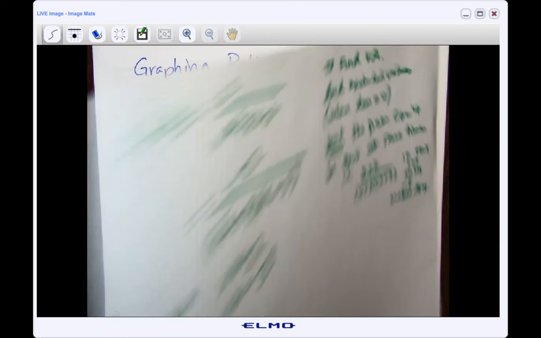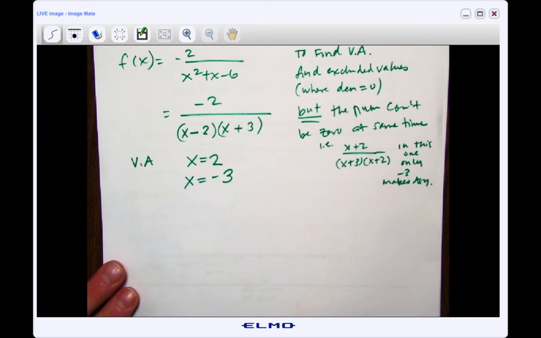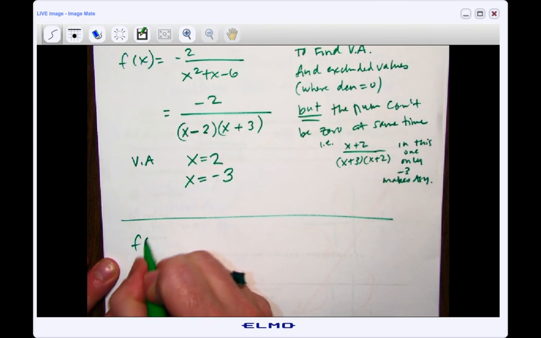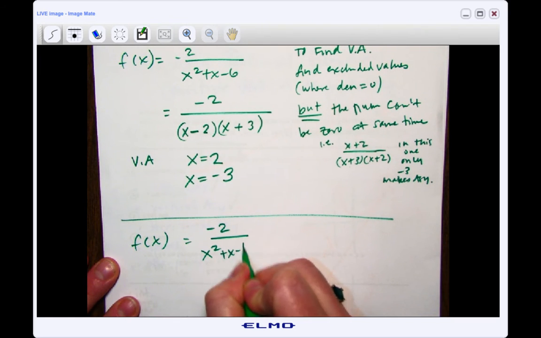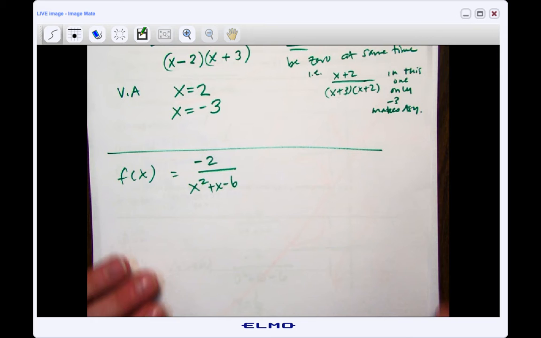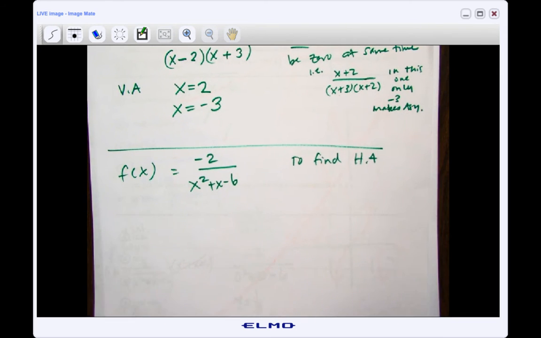All right, so we got our vertical asymptotes done. Now let's talk about our horizontal asymptotes. I'm just going to rewrite it because as I go down the page, sometimes it's hard to see the top. Okay, so to find horizontal asymptotes, remember, what am I going to do?